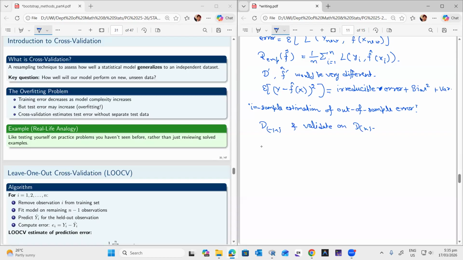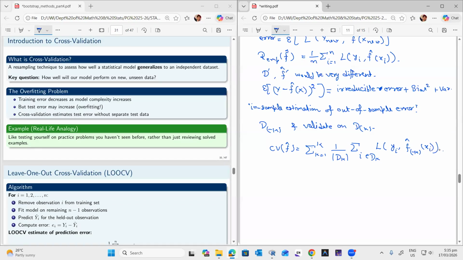At that time, the cross validation error will be CV of f cap equals summation over k equals 1 to capital K of mod of Dk, summation over i belonging to capital Dk, L of yi, f cap minus k of xi.